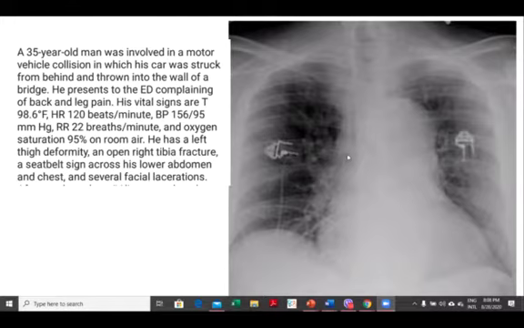What are the other findings in aortic dissection or traumatic aortic disruption? Can you hear me? Yes, sir, we can. In traumatic aortic injuries, usually the mediastinum is wide and the aortic knob is obliterated.